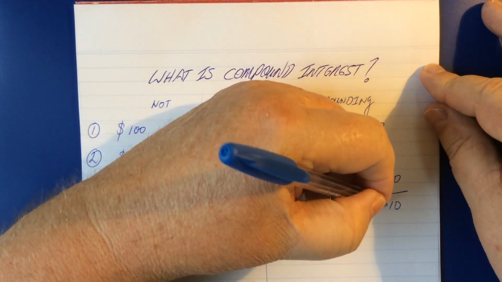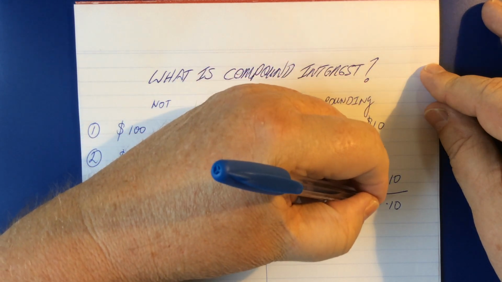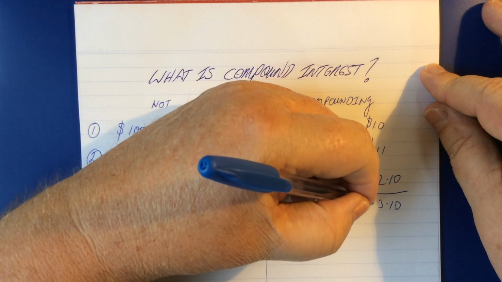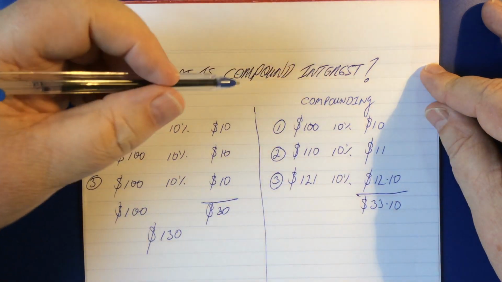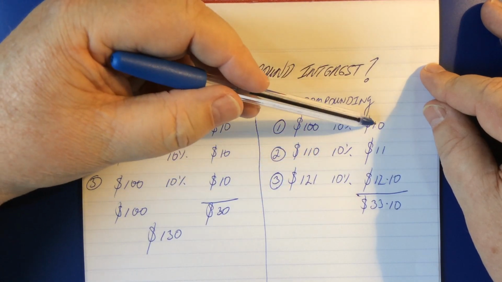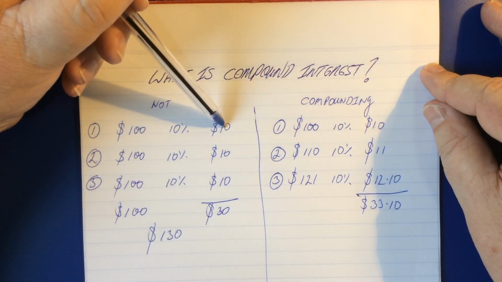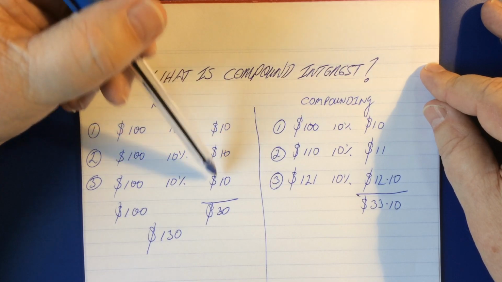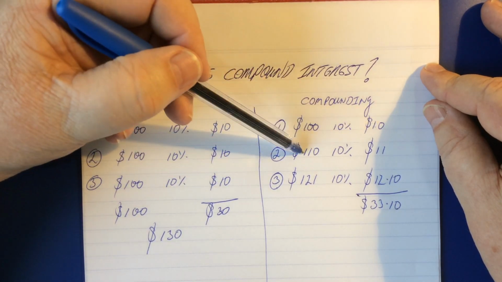Let's add that up. So we have 10 cents. 1 and 2 is 3. And 1, 2, 3. So we have $33.10 worth of interest. So what has been happening is that instead of either holding this money somewhere else or spending it, we're reinvesting it.